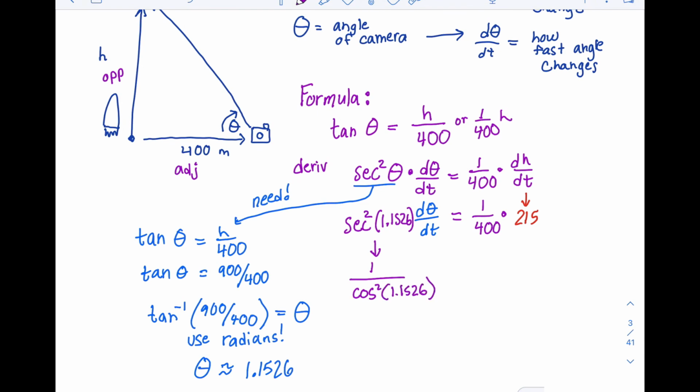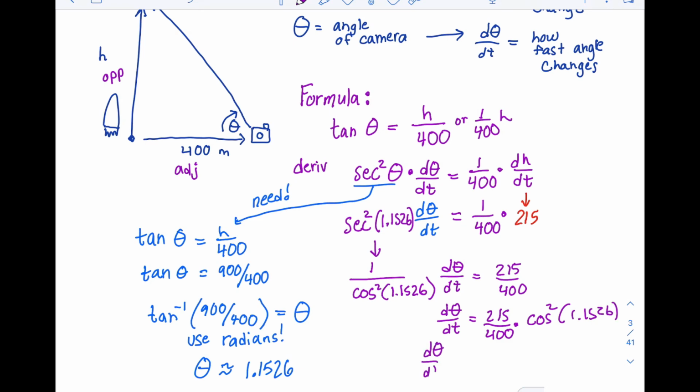Then, rearranging and solving for d theta/dt, I would just multiply both sides by cosine squared of my angle, and then you'd have d theta/dt equals 215 over 400 times cosine squared of your angle. Plug it all into your calculator. Yes, we can use calculators on these. And you're going to end up with the rate of change in your angle being approximately 0.0886 radians per second.